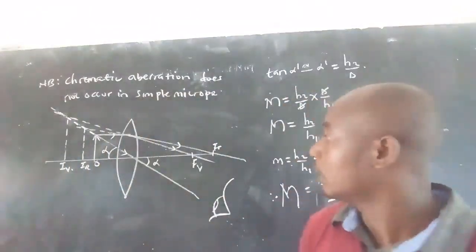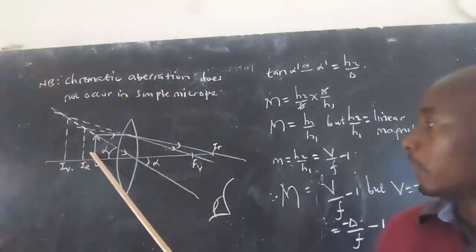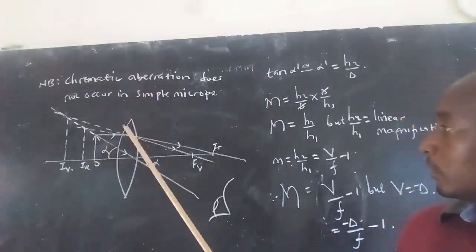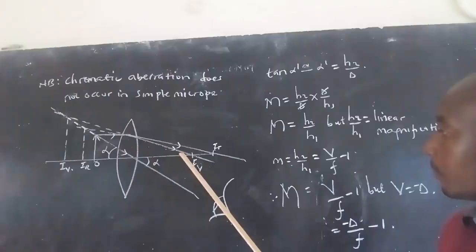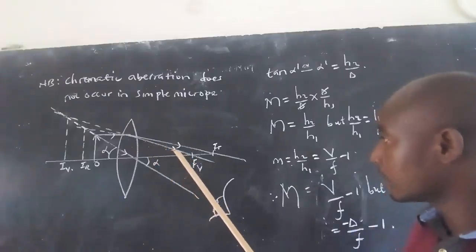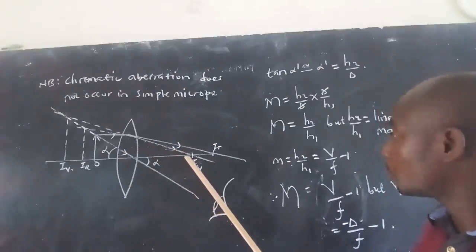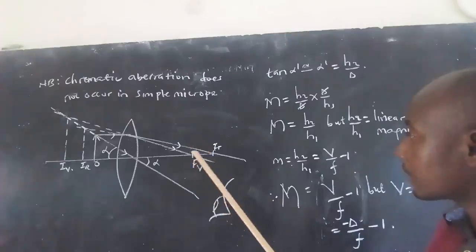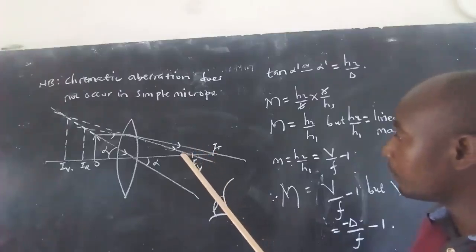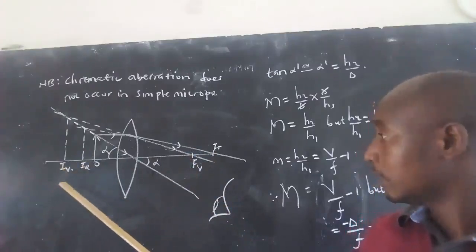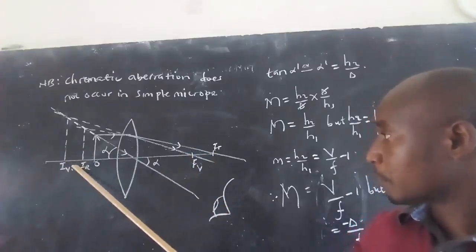So what I'm saying is that we have a white light object, okay? Now, this leads to formation of the various colors, the various components of the colors, which will be brought to different points along the principal axis. This leads to formation of virtual images, for example, I red and I violet at slightly different positions, okay?